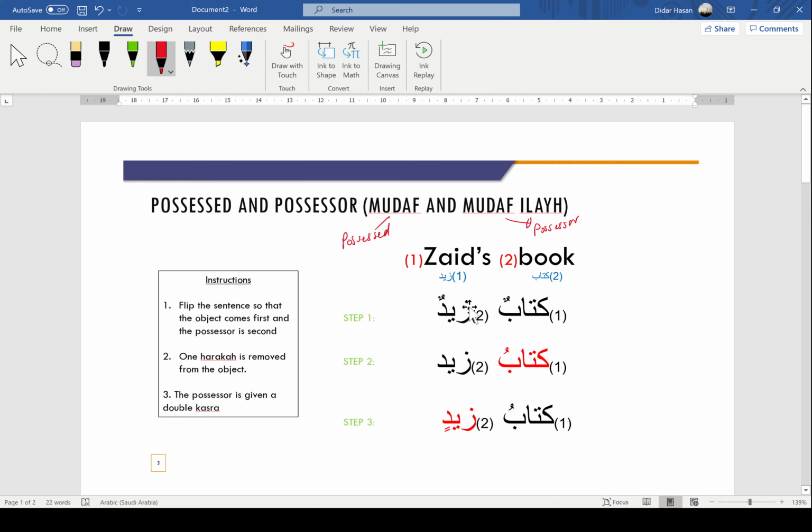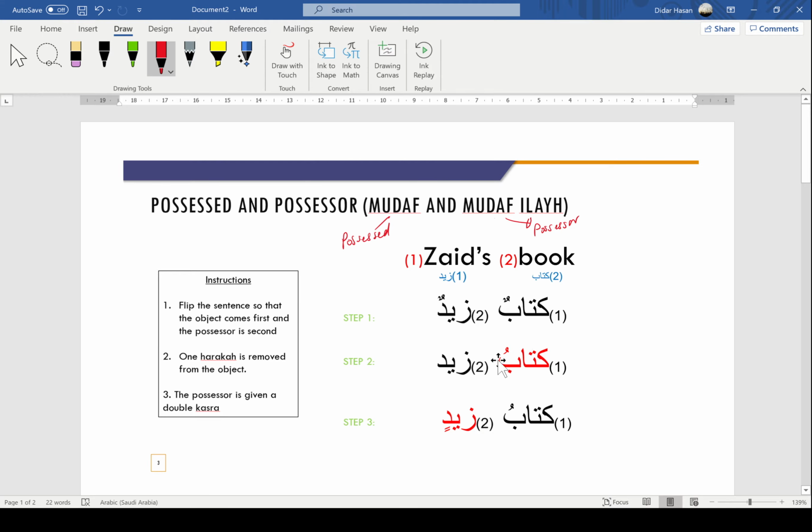And then I'll write the possessor, Zaydun. So that is the first thing you must note: the object, or the thing being possessed, comes first, kitabun, and then I write Zaydun. That's step 1. Now what's step 2? One haraka is removed from the object.